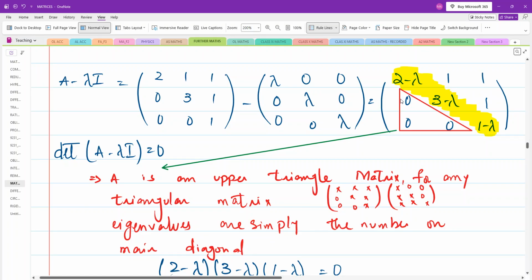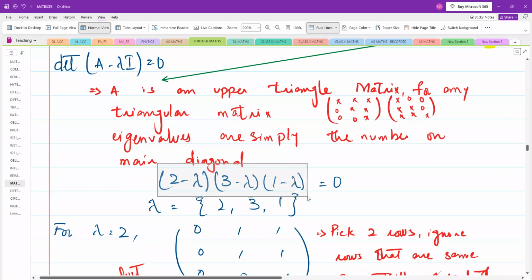If these three are 0, or if these three are 0, it is a triangular matrix. To find the eigenvalues, we multiply these three together and find the values of lambda. So lambda is either 2, 3, or 1. So we will get three values of lambda: 2, 3, and 1.